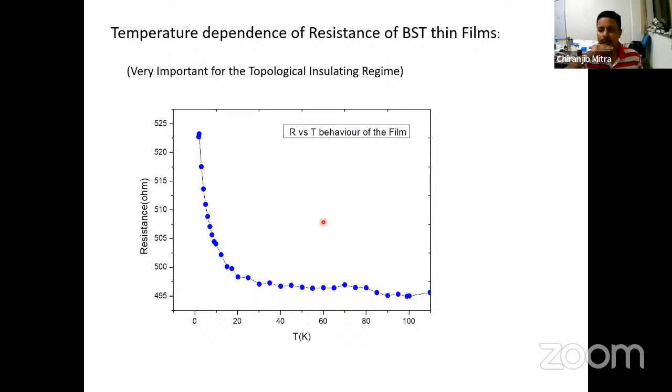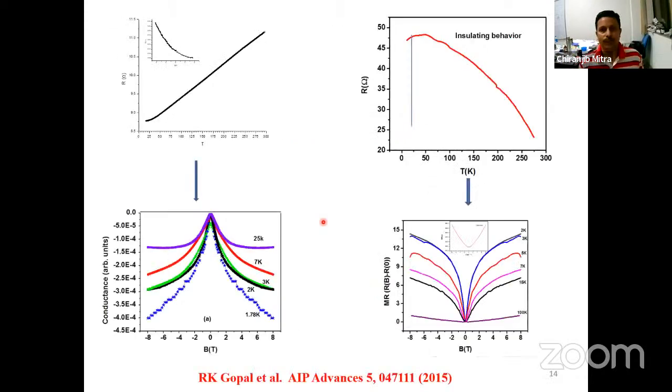Is it inside the gap, or inside the valence band or conduction band, depending on p-type or n-type doping? For that, we studied a variety of samples, and here you can see that even though this is a topological insulator, the R versus T shows a metallic behavior. And here is another example, just by varying the deposition condition, where we get a purely insulating bulk behavior.